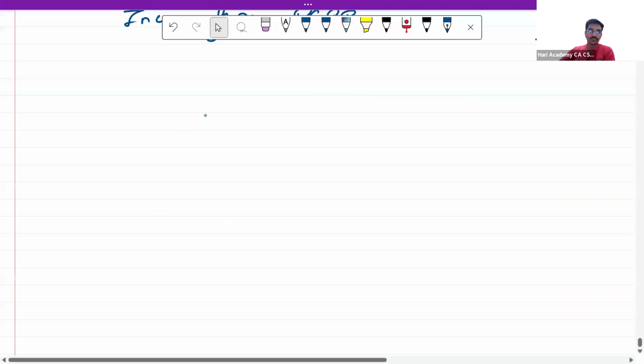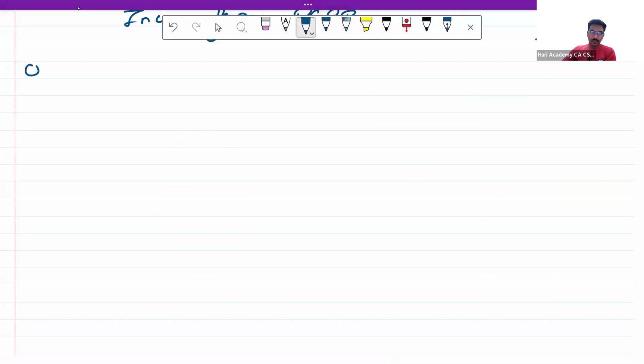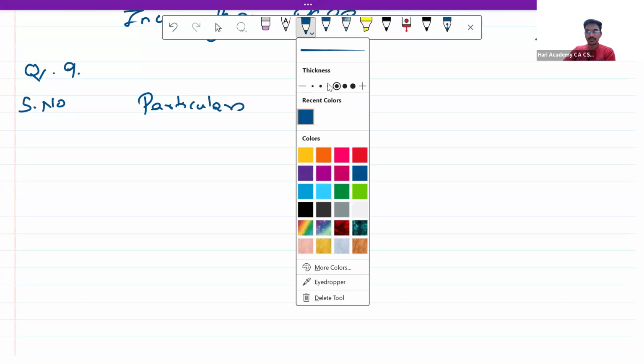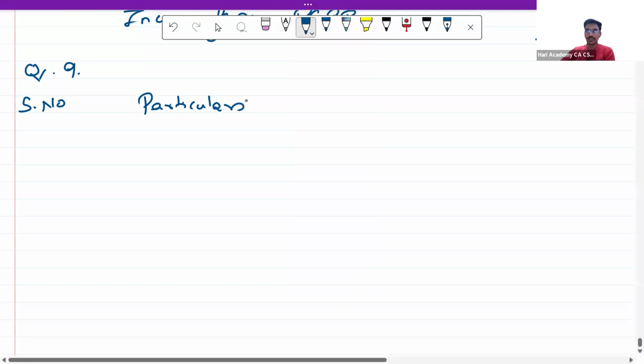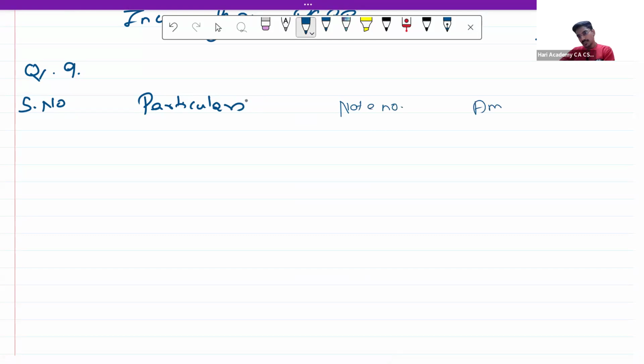I'll tell you how. Assume, for example, you have question number 9. First is serial number, particulars, note number, amount in rupees, again amount in rupees.